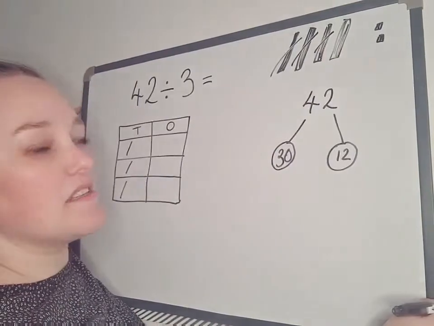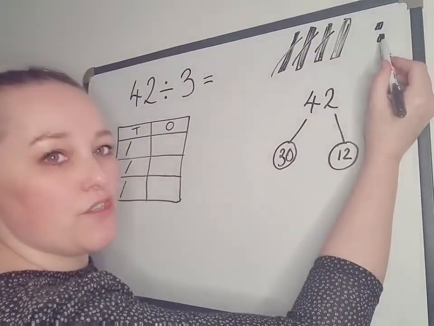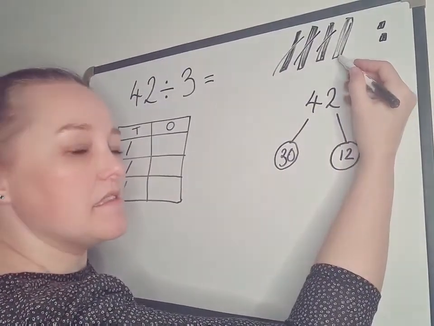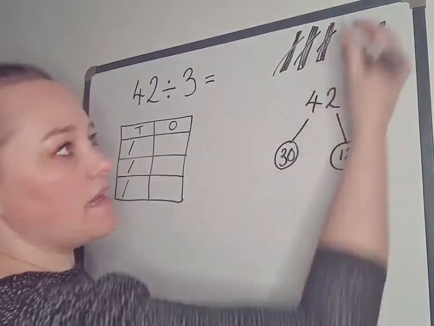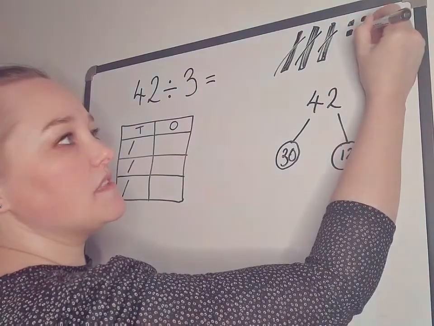Instead of having one of our 10s and 2 units, we can exchange one of our 10s for 10 ones. So we get rid of that 10 and we'll do 10 ones instead.